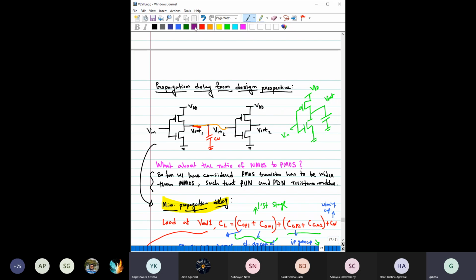Now if both widths are equal to 1, say the equivalent resistance here is 2R and here the equivalent resistance is R. Then if I have to get a symmetrical VTC or symmetrical charging and discharging characteristics, what should be the ratio of this PMOS and NMOS?